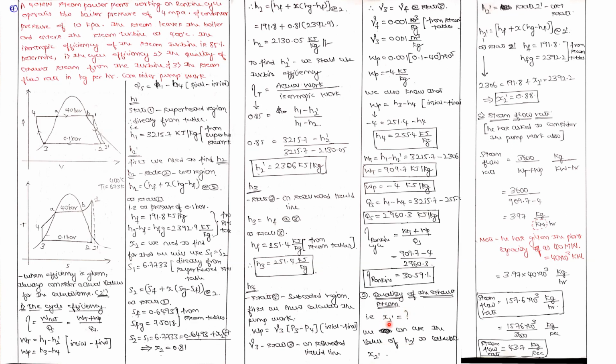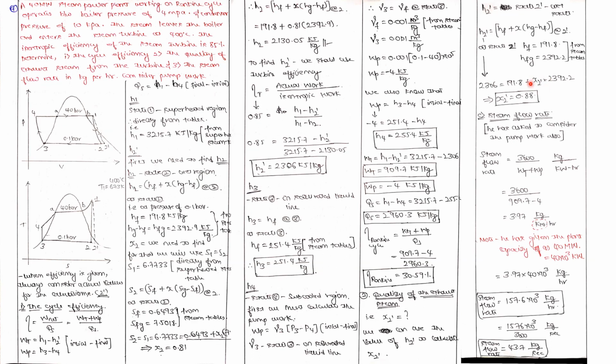H2 dash is given by HF plus X into HFG. You know the value of HF and HFG at 2 dash. 2 dash is at 0.1 bar, so again it is HF and HFG at 0.1 bar. HF and HFG you know, and H2 dash you have found out initially, so substitute it. Whatever the value it would be, that is X2 dash. So you can calculate X2 dash from this.